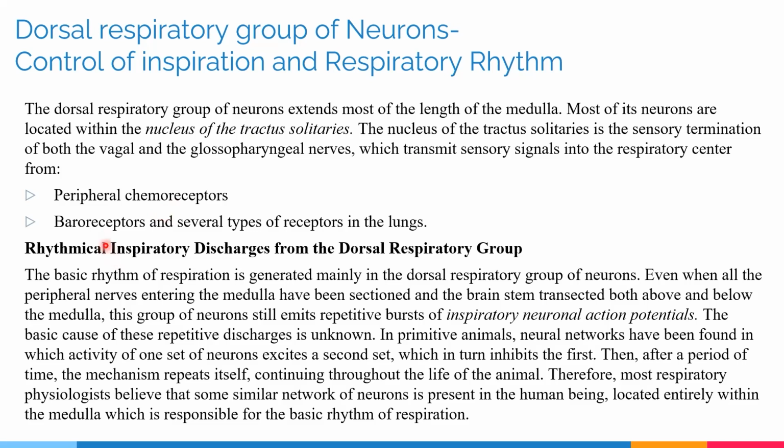Similarly, baroreceptors are particular receptors present in our blood which detect the changes in blood pressure. Hence, these two types of receptors signal directly to the dorsal respiratory group of neurons in order to provide them the information about changes in the physiological conditions in our body.